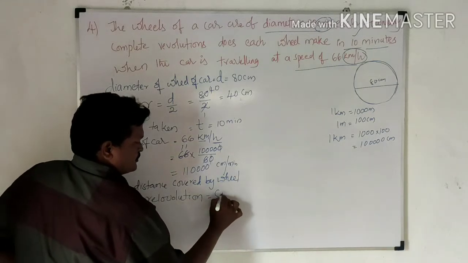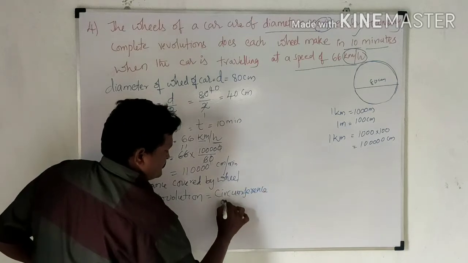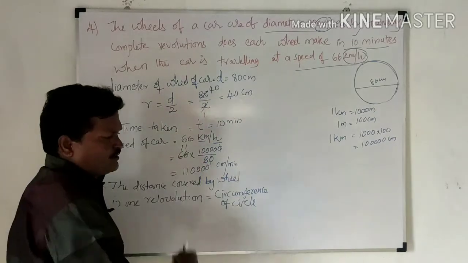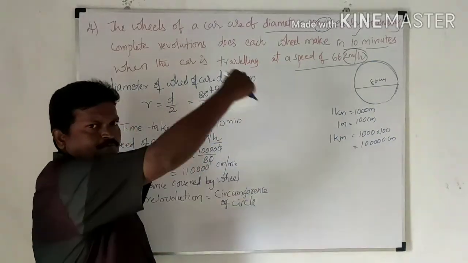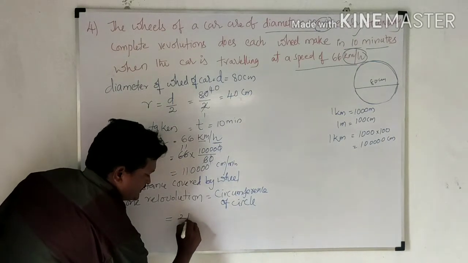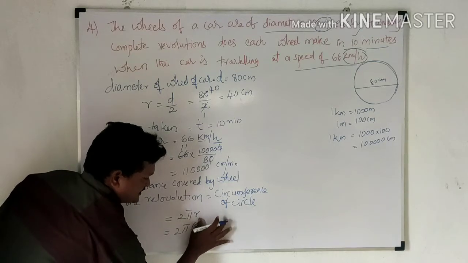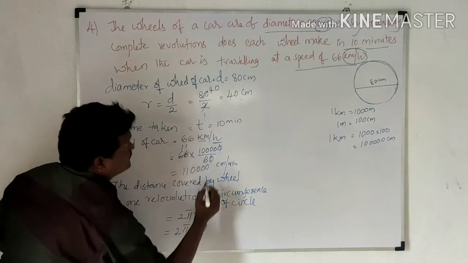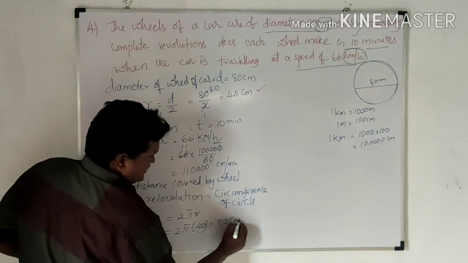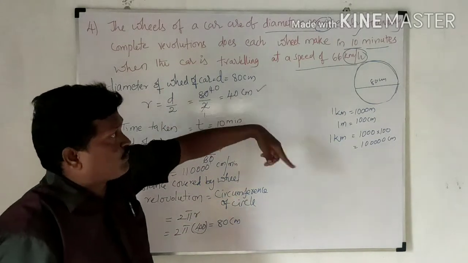If it completes one round, that becomes the circumference of the circle. The circumference formula is 2 pi r, that is 2 into pi into r. Here the radius is 40 centimeters, so 2 into 40 is 80 pi centimeters, the distance travelled in one revolution.